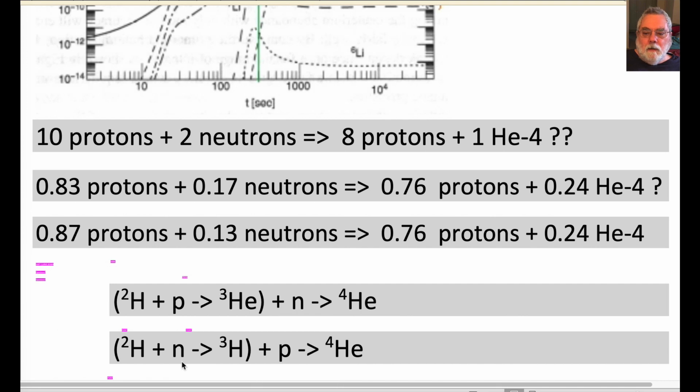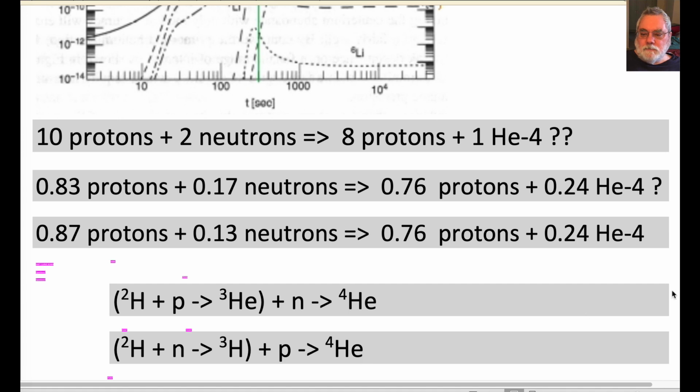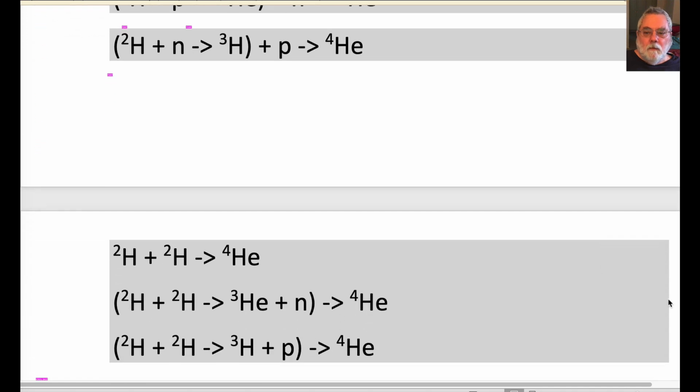Or, a deuterium nucleus can fuse with a neutron to produce a helium-3 nucleus, which can then fuse with a proton to form a helium-4 nucleus. Or two deuterium nuclei can fuse to produce a helium-4 nucleus, either directly or indirectly.